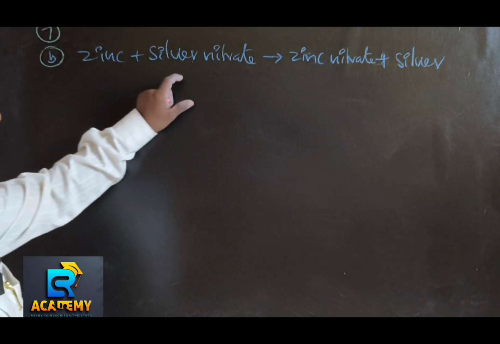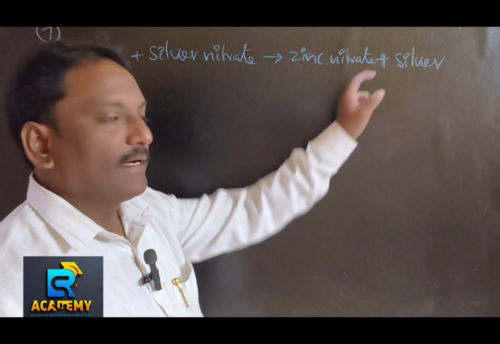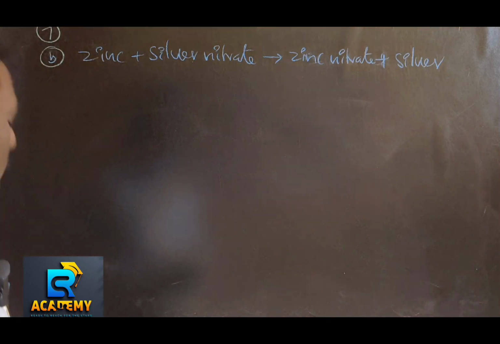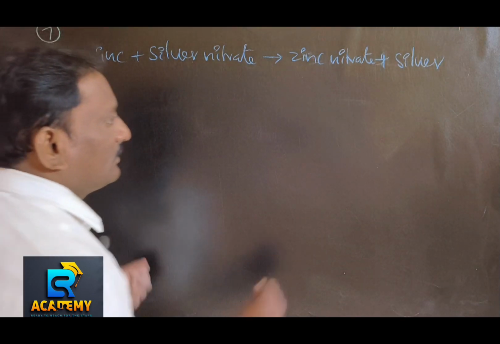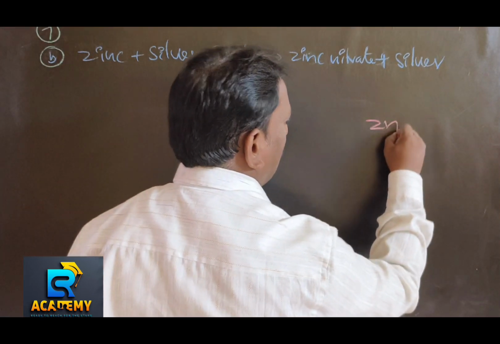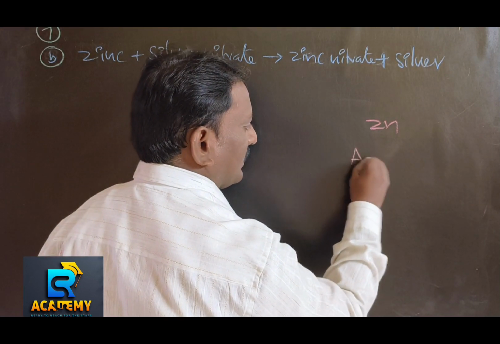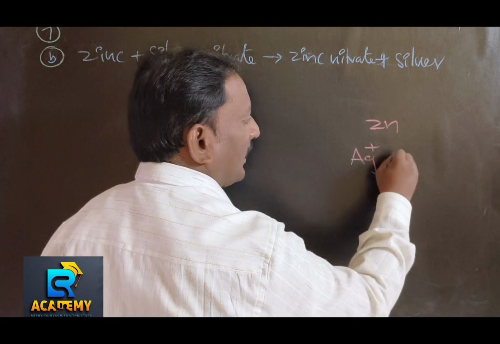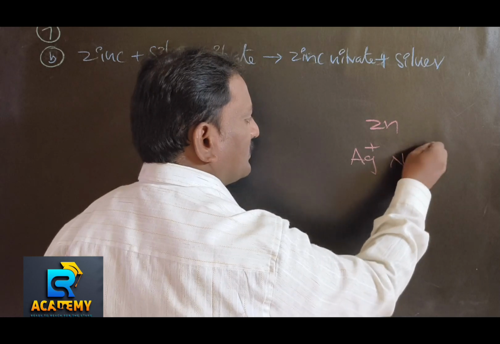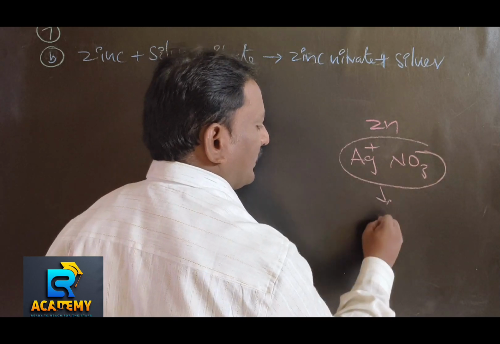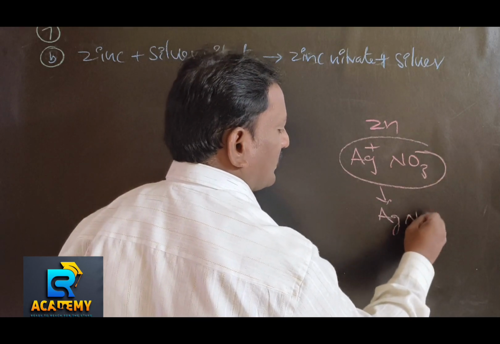Next one, zinc reacts with silver nitrate, gives zinc nitrate and silver. So zinc symbol Zn. Silver nitrate: silver ion Ag plus, nitrate ion NO3 minus. You should write AgNO3, silver nitrate.